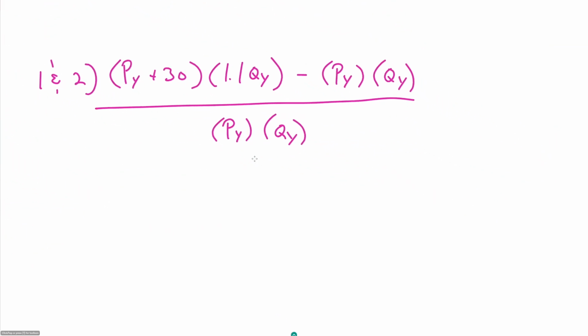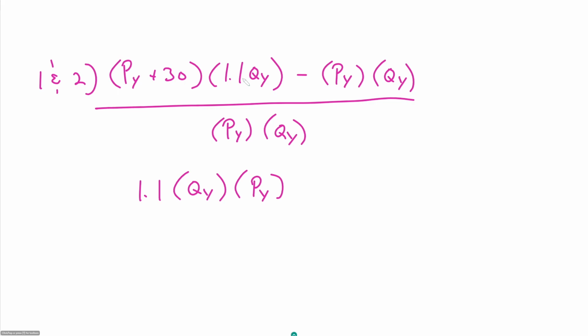So if I were to combine everything that I can, I would multiply this out here. And so we have PY times 1.1 QY. So that's 1.1 QY QY plus 30 times 1.1 QY.